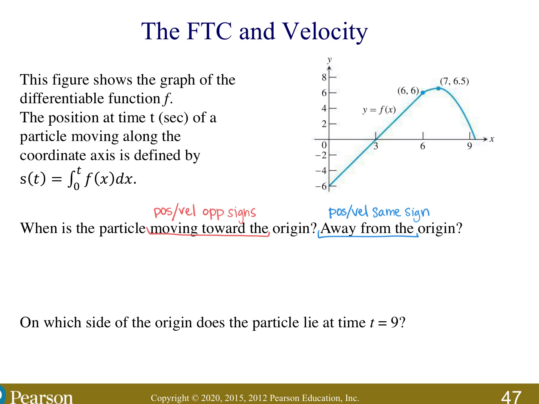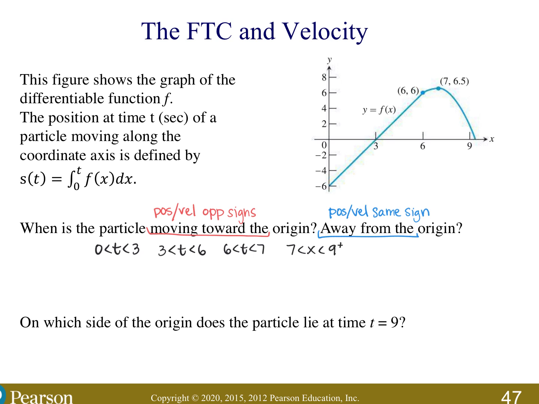So I find it helpful to set up intervals so that I can compare the position and the velocity at the same time with plus or minus symbols. So I'm going to go from 0 to 3, then 3 to 6, and then I think I'm going to go from 6 to 7 because I do have a data point there. And then I'm going to go from 7 to, it's a little bit more than 9.